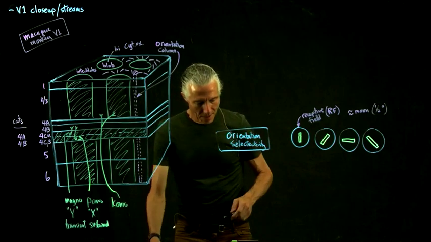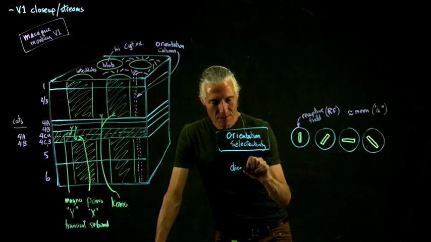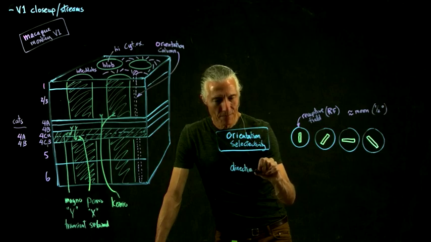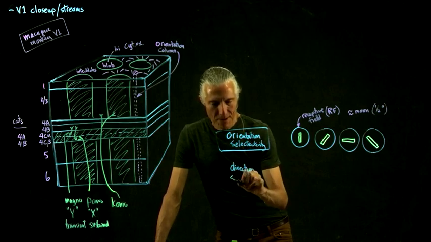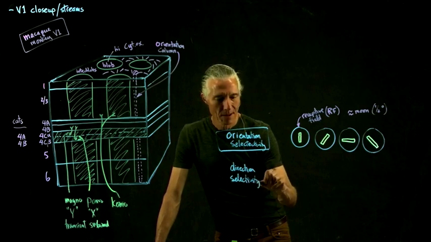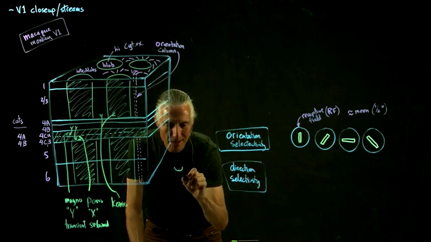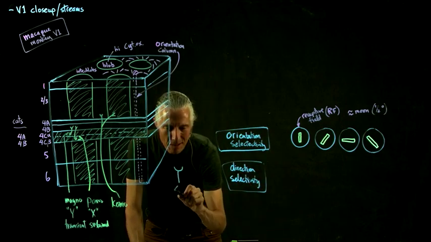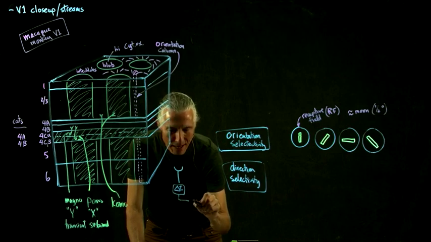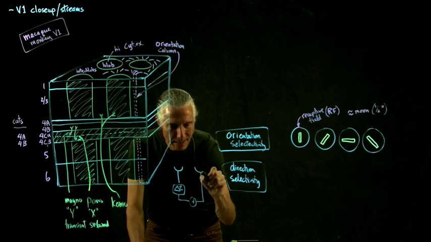So direction selectivity is different. Remember the idea, how do you do direction selectivity? It's going to be something like we've got a detector, and then we have a little bit of a delay, and then we add that to another detector that doesn't have a delay, that's in a slightly different place.